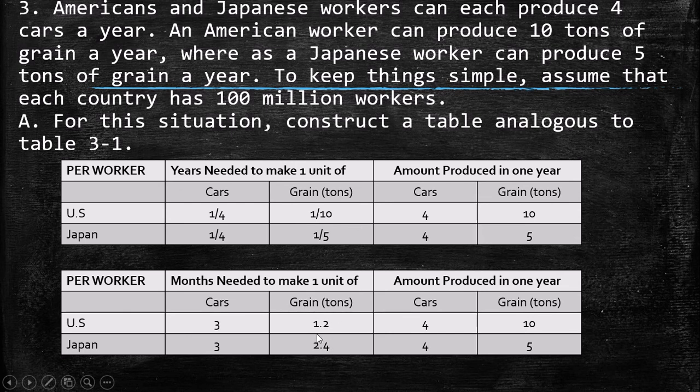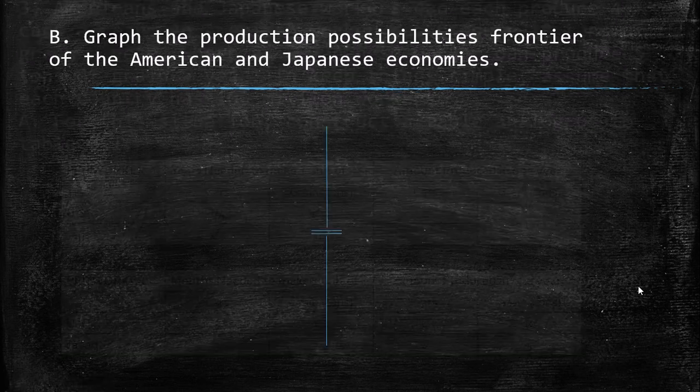On the other side, we have 12 divided by 5, so 2.4 months are necessary to make 1 ton of grain. For the other country, we have the same thing. I didn't change anything.